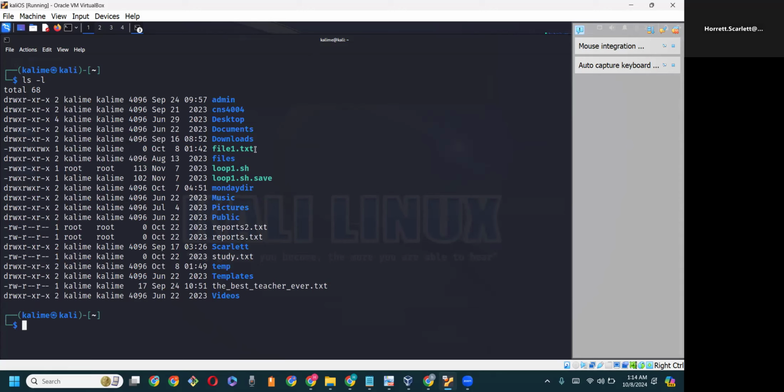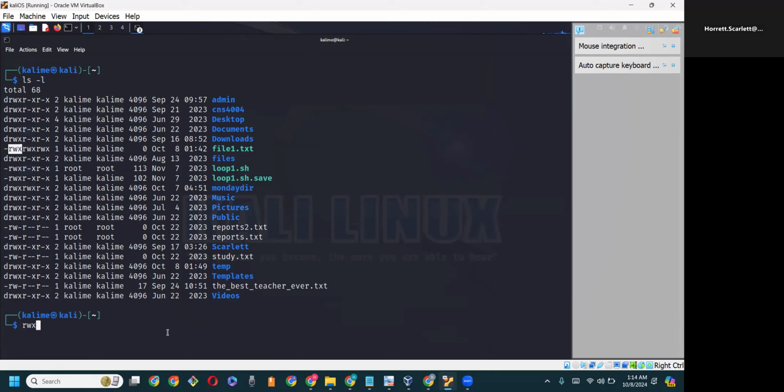file1.txt is right here. And notice what we have done is we have turned on read, write, and execute for the three entities, the user, the group, and others.